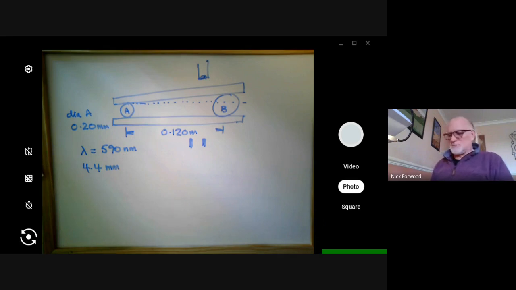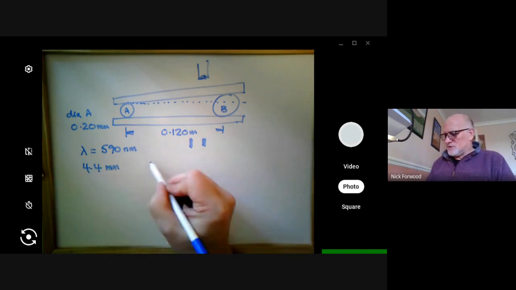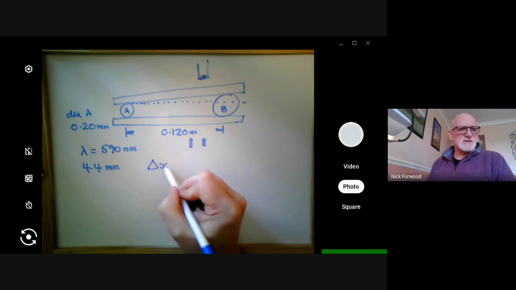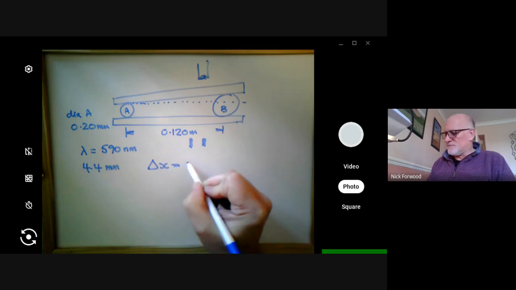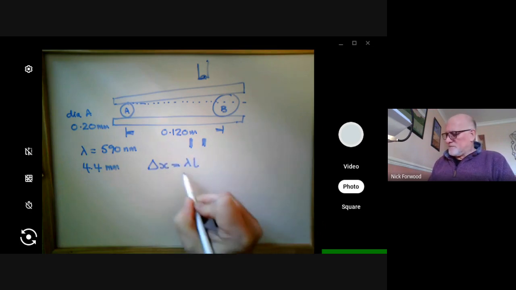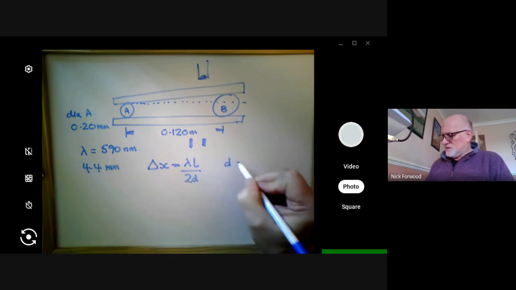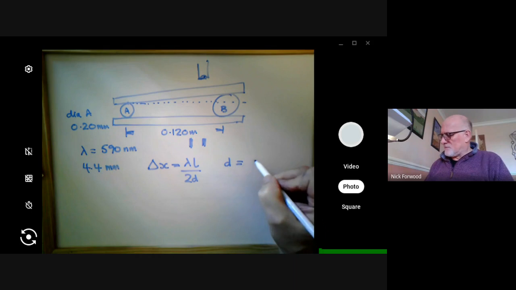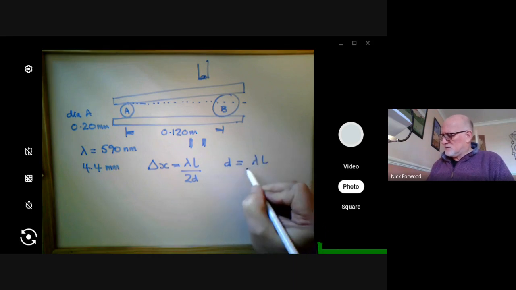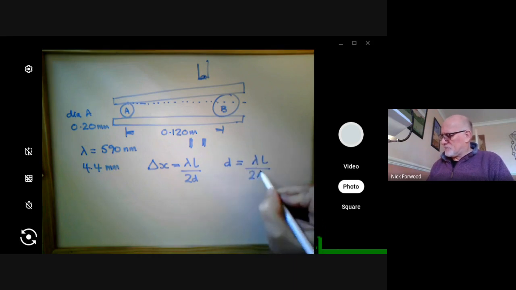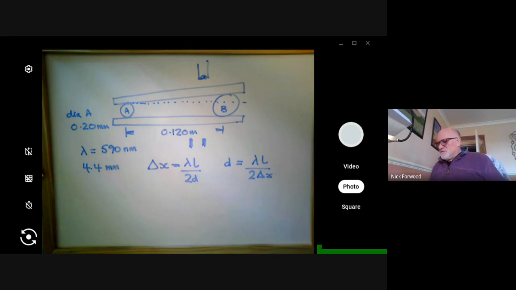Okay, so how do we do that? Well, we're going to use the formula which we came up with last time, which was delta X, this is off the formula sheet, is lambda L over 2D. Then I rewrote that to give D is equal to lambda L over 2 delta X. Now, what is each of these? Well, we've got the thickness.